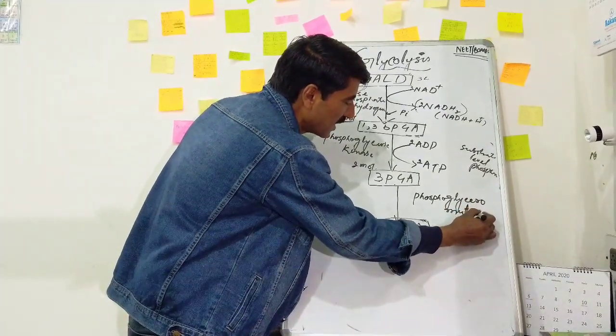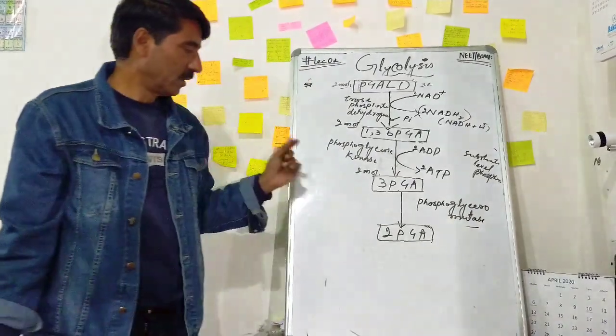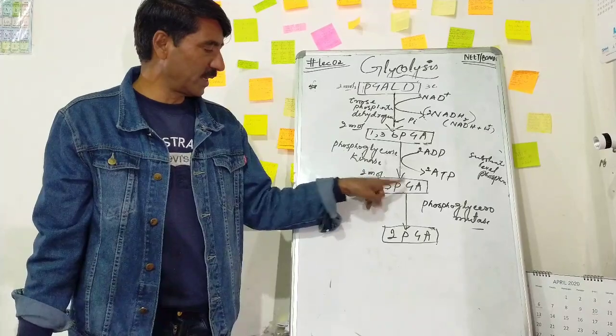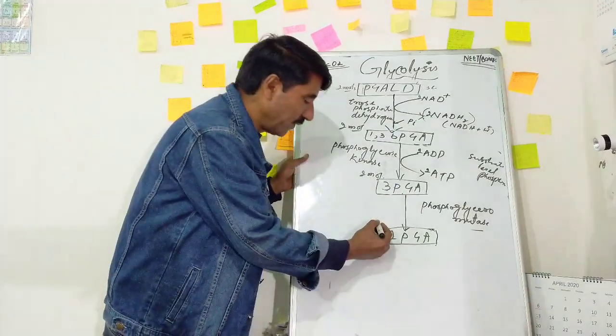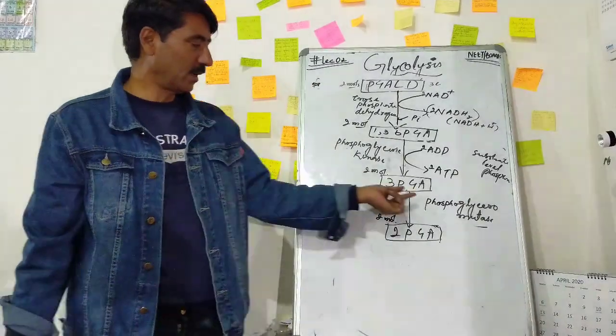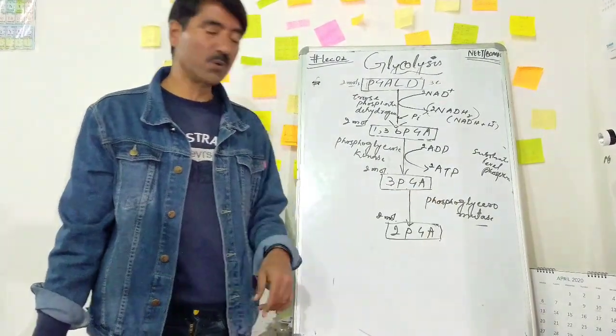Mutase is an enzyme which changes the position. 3-phosphoglyceric acid, 2 molecules, will get converted into 2 molecules of 2-phosphoglyceric acid in presence of phosphoglyceromutase.